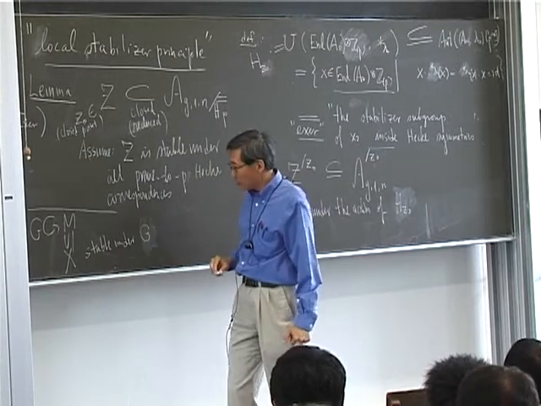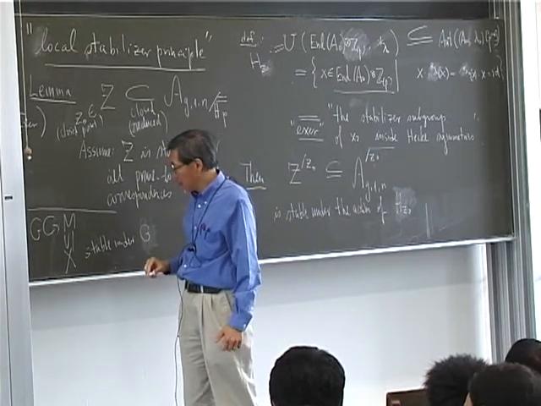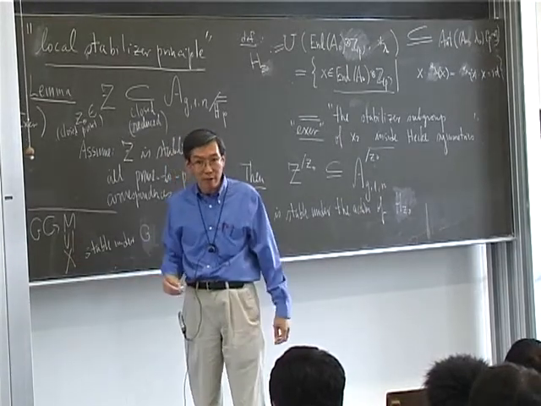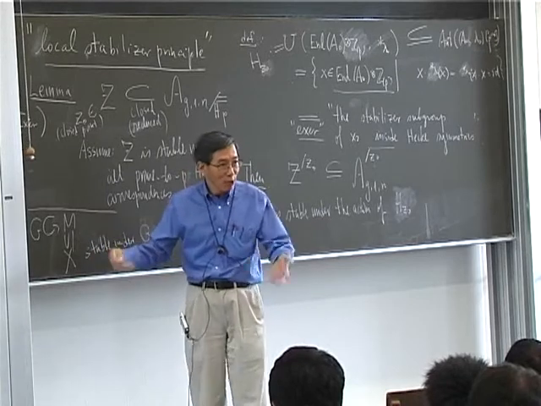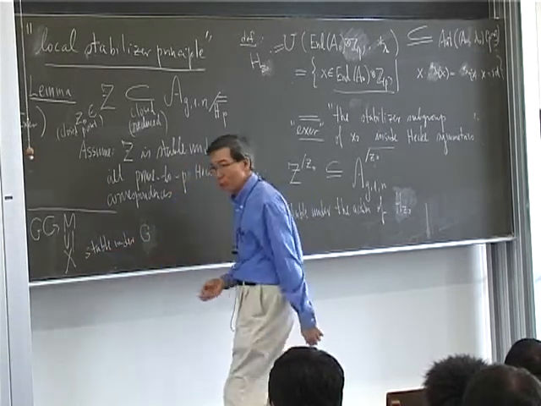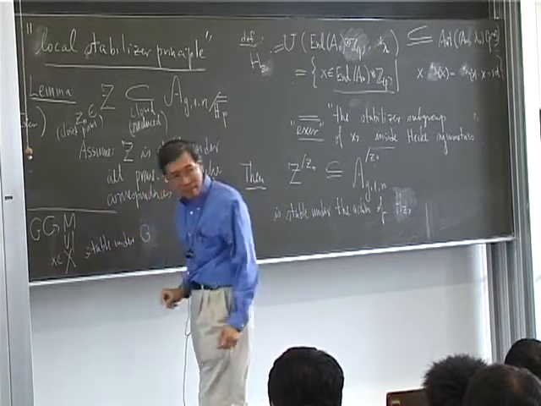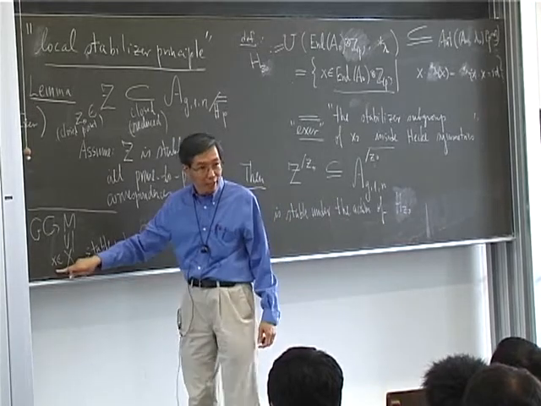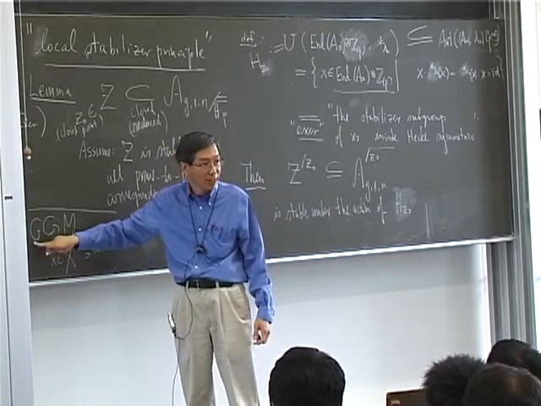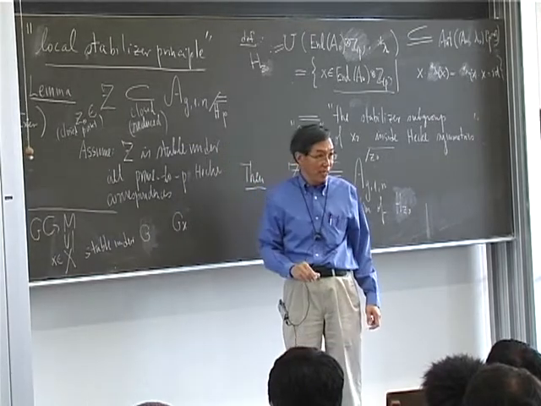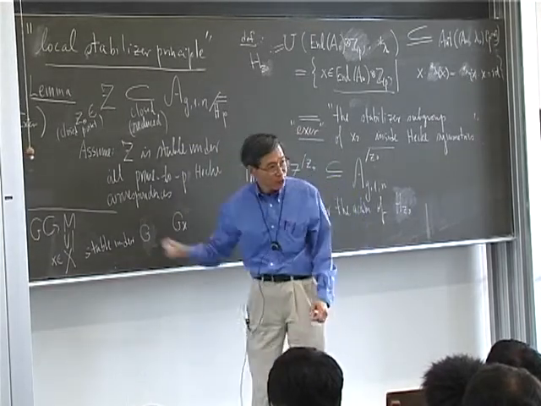Now you'd like to draw some conclusion from this in a local way, as in differential geometry. So what would you do? You take a point x of X. Now, x is not necessarily fixed by the whole group G. But you can look at the stabilizer subgroup G_x. So it certainly sends X to itself.